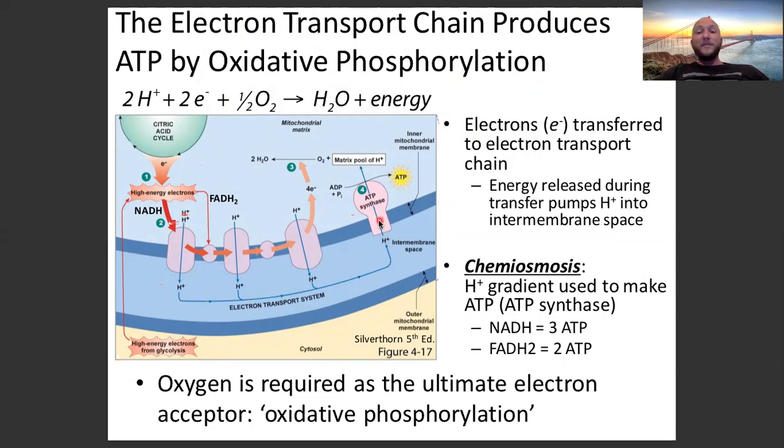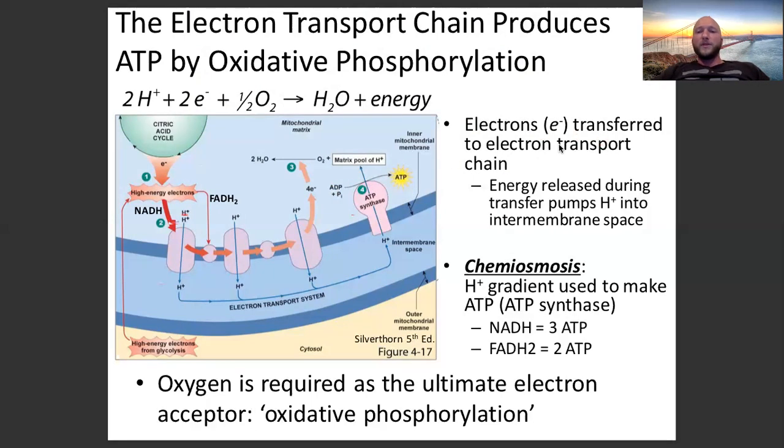Yes, ATP synthase synthesizes ATP. Those hydrogen ions are going to flow through this protein, and as they flow down their concentration gradient, they are going to power the process of putting a phosphate group onto ADP. When you put a phosphate group onto ADP, you get ATP.